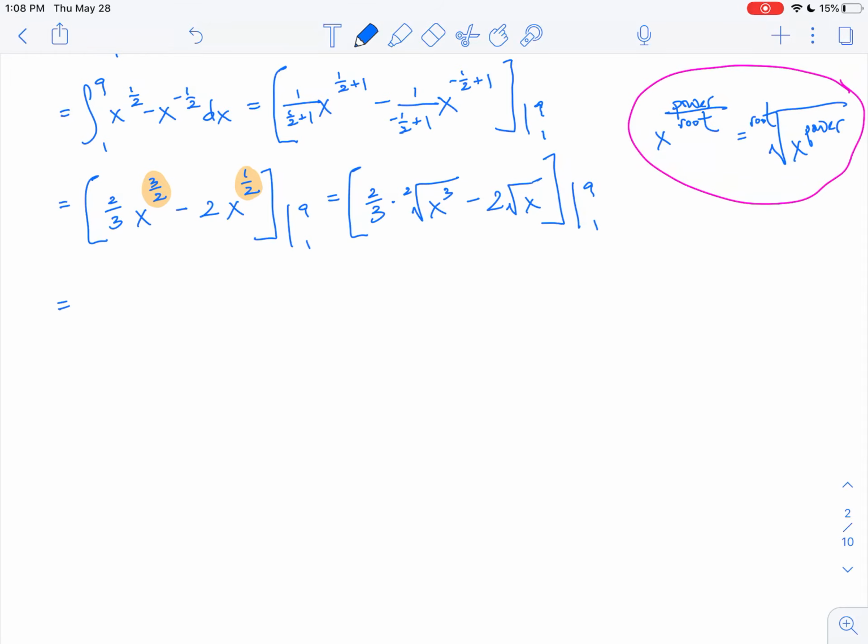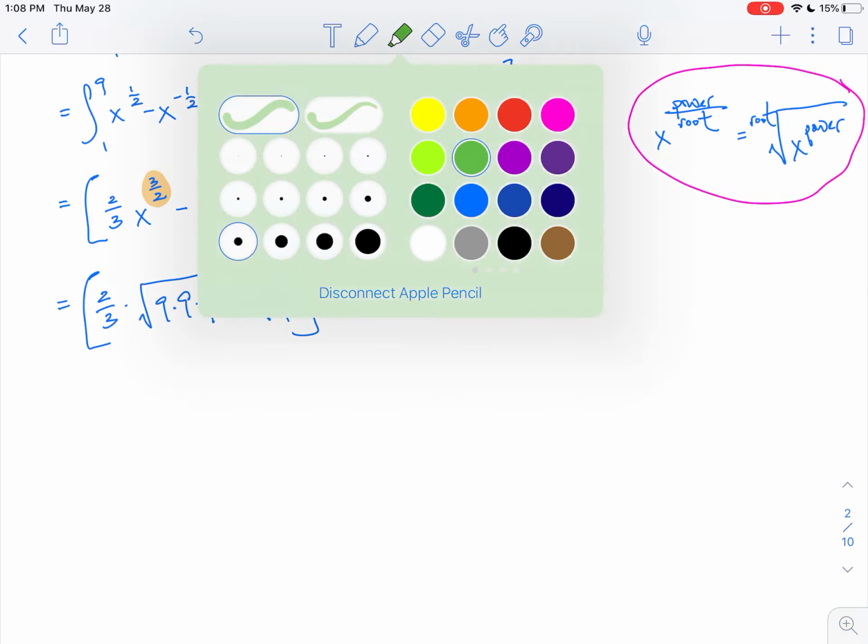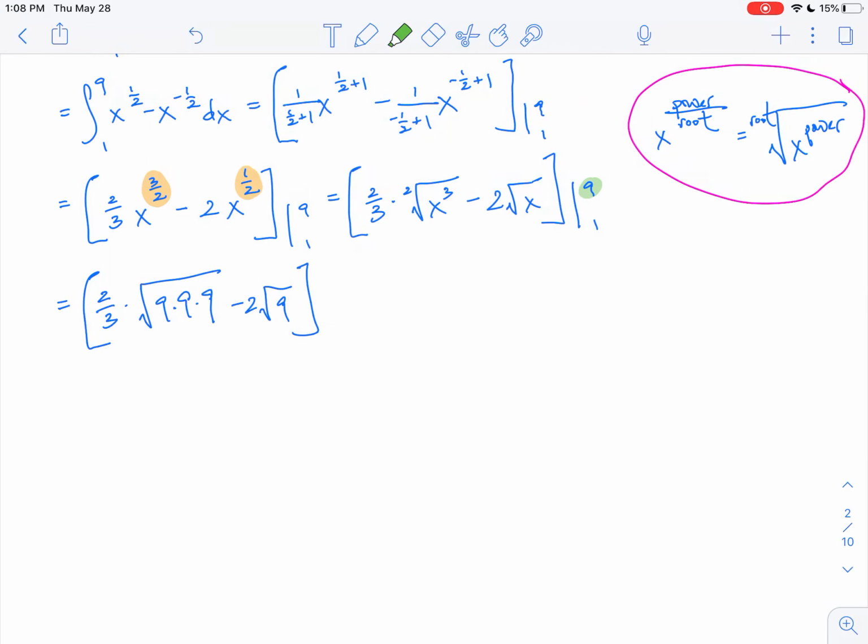All right, let's keep on solving this problem here. So this gives me 2/3 times the square root of 9 cubed. I'm going to write that as 9 times 9 times 9, minus 2 times the square root of 9. All right, so this is my f of b.